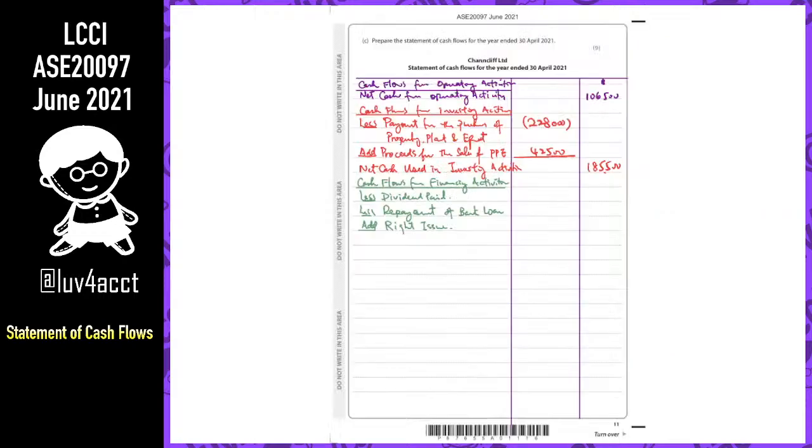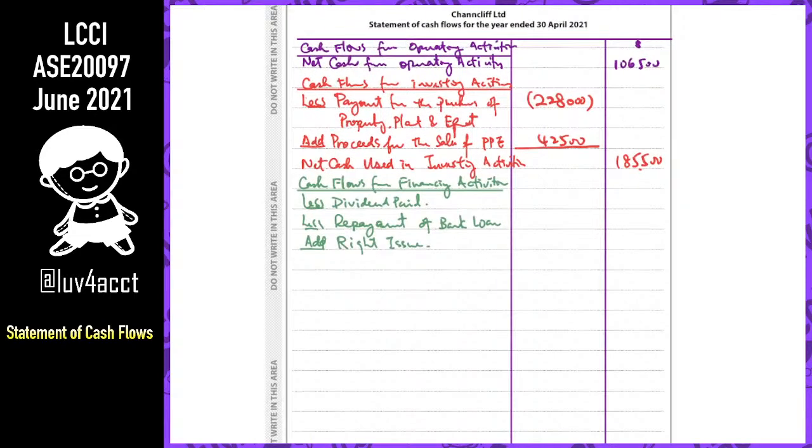So dividend paid 42,000 negative, repayment of bank loan 75,000, and then rights issue 154 positive. In total, you have 37,000, and it is negative. On the top I have written used in. Be careful, because if not, when you work out the total, it will be incorrect.